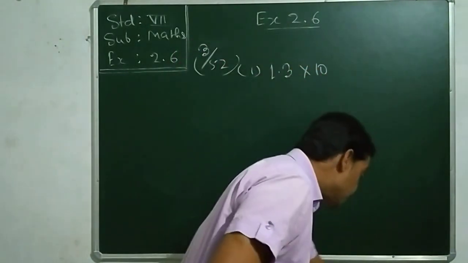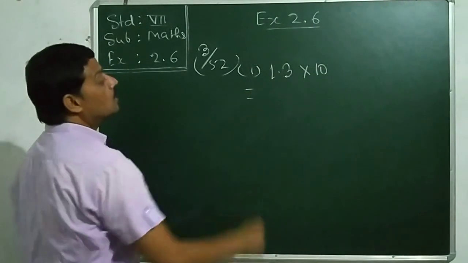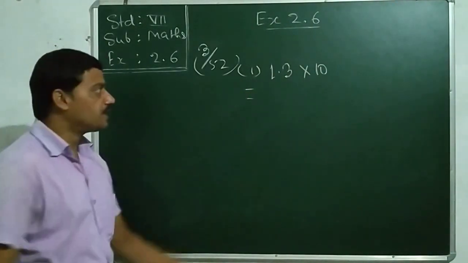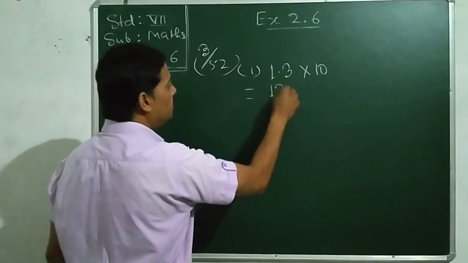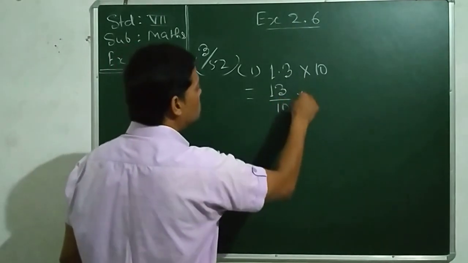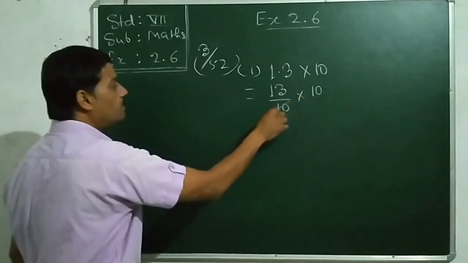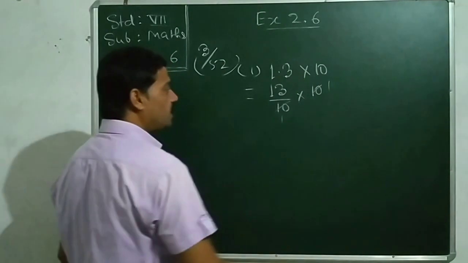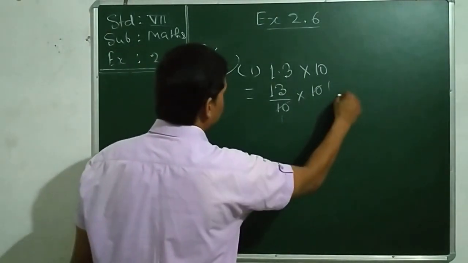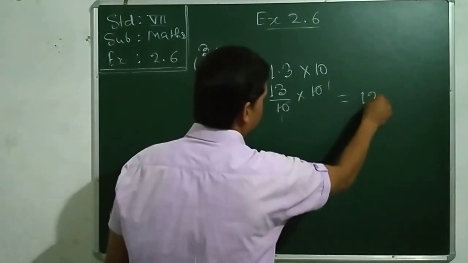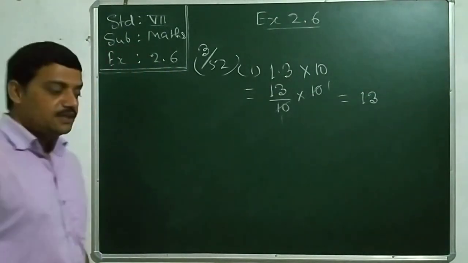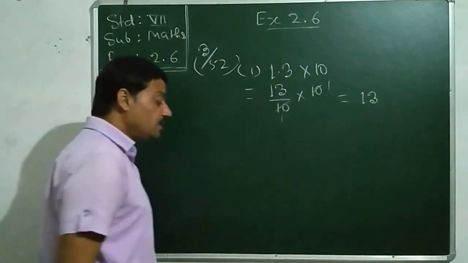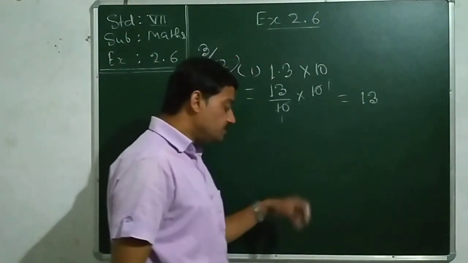While simplifying it, 1.3 will be written as 13 by 10 into 10, and if you reduce both the 10s, then we will get the resultant number as 13 itself. In this way you can go for the other numbers.